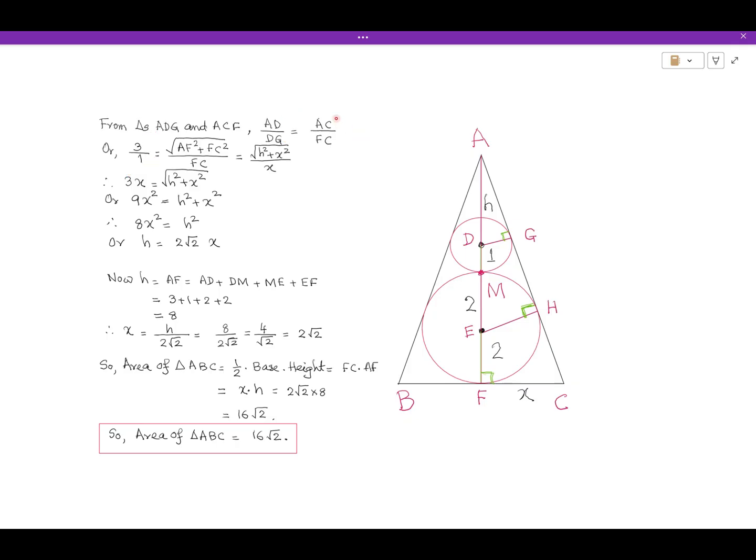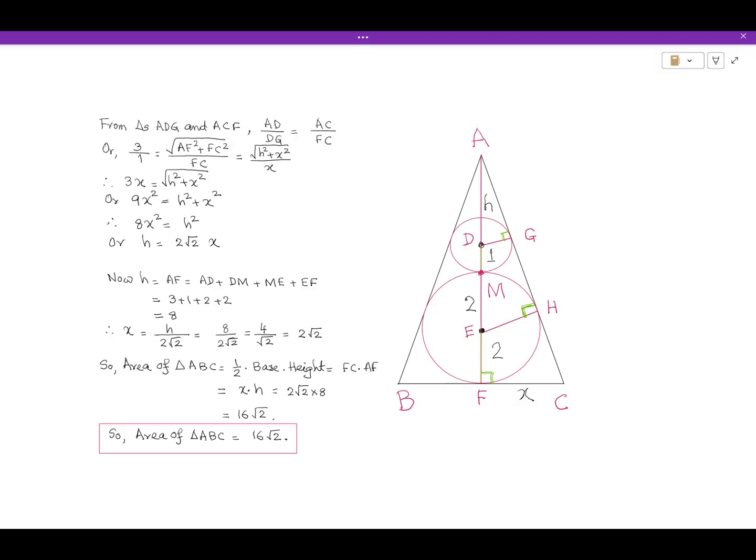And AC is the hypotenuse of this right triangle. Therefore, AC square is equal to AF square plus FC square, or AC is equal to the square root of AF square plus FC square. So, we get 3 by 1 is equal to AC by FC, which is the same as the square root of AF square plus FC square, divided by FC.